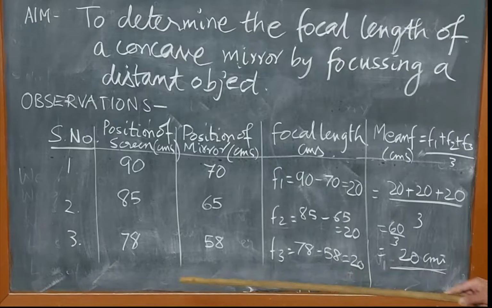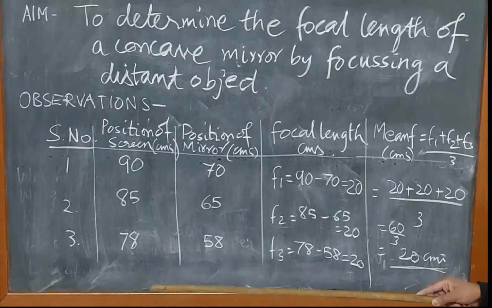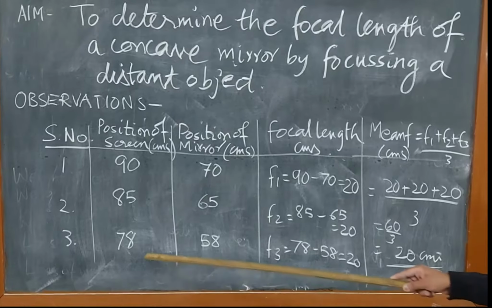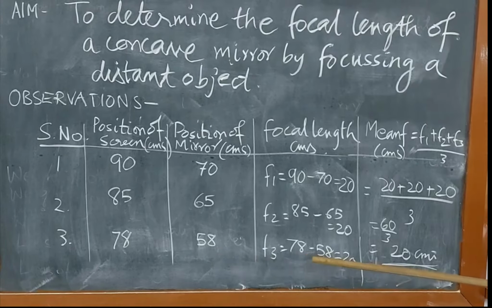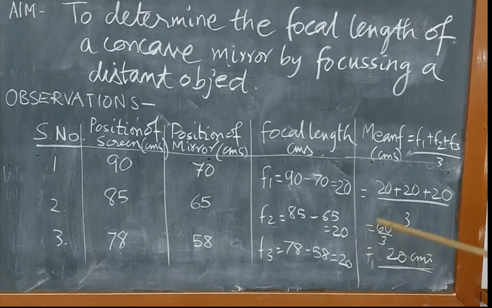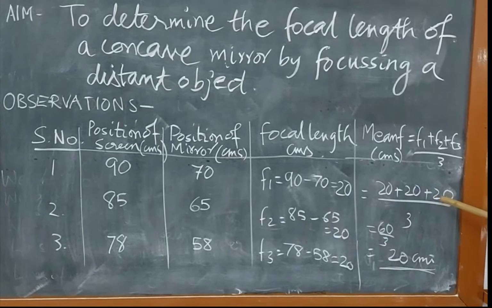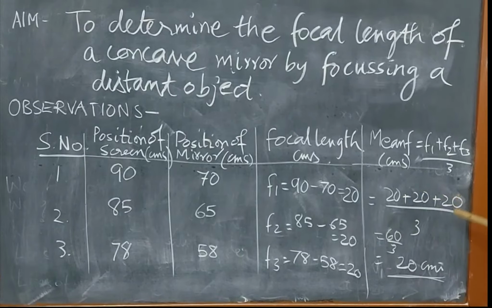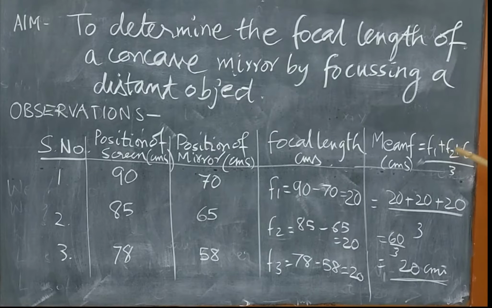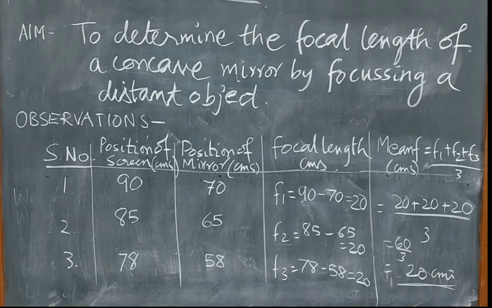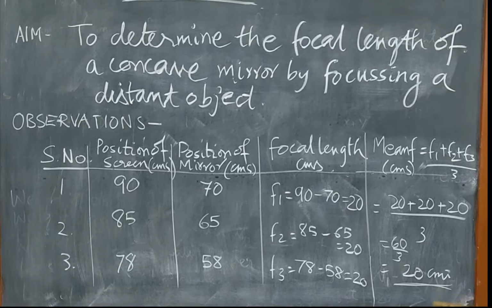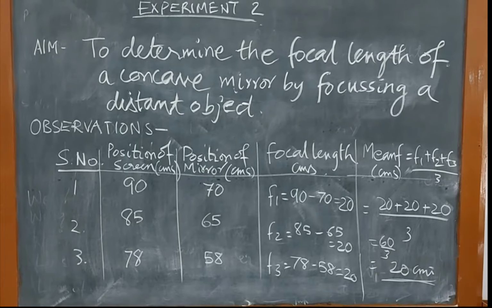The third time, we found the screen at 78 and the mirror at 58. So 78 minus 58 gave us 20. Finding the mean: 20 plus 20 plus 20, that is F1 plus F2 plus F3, divided by 3, 60 by 3, that is 20 centimeters. So 20 centimeters has been found to be the focal length of the concave mirror.